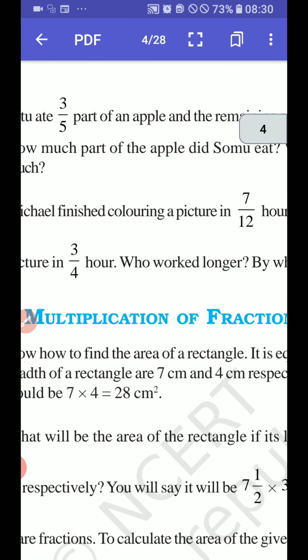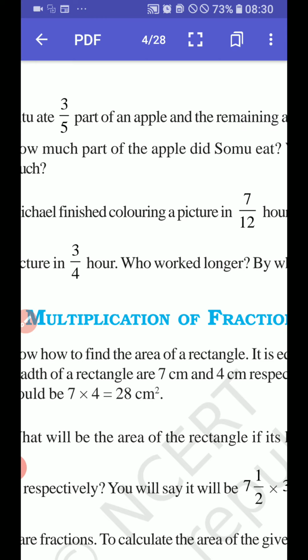At first, I will make their denominators equal, means we will convert these fractions into like fractions. What will be the LCM of 4 and 12? Because 12 is divisible by 4 and 12, 12 will be the LCM.